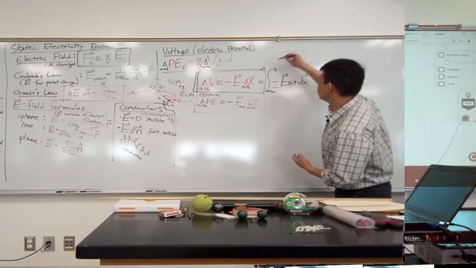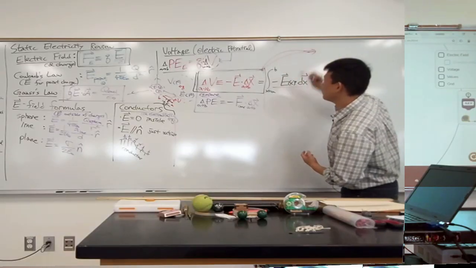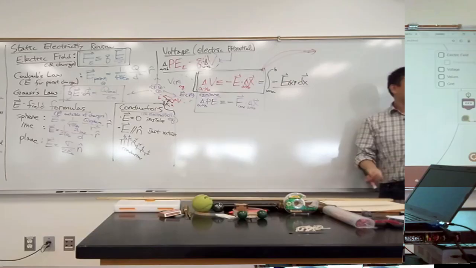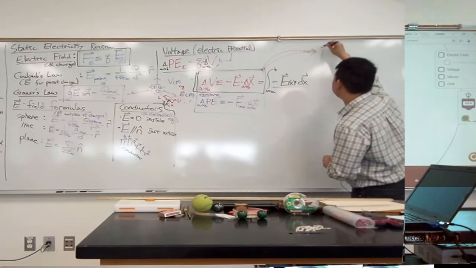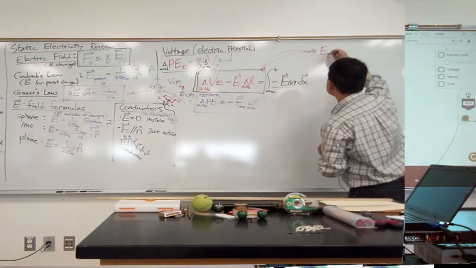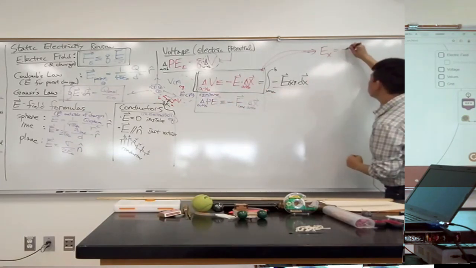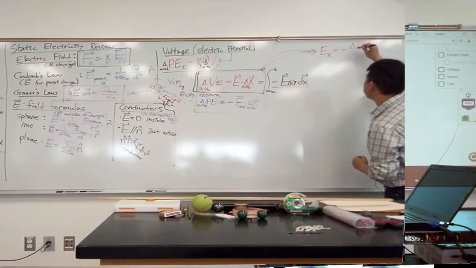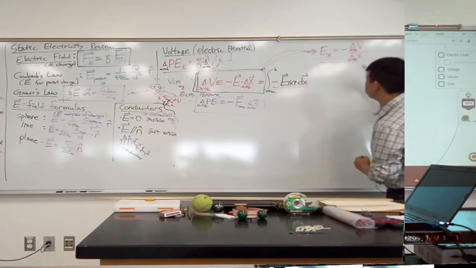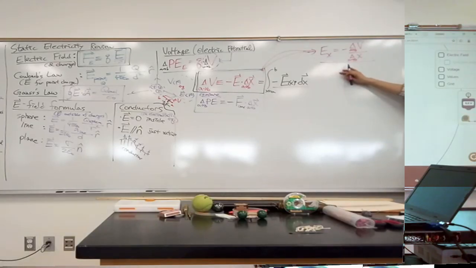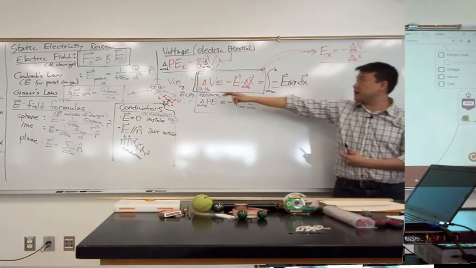I'm solving for the electric field magnitude, so my electric field along the direction x is, move this over there, multiply by minus, so it's minus change in voltage as you go from A to B over change in distance as you go from A to B. Does this sound reasonable? Or you go back the other way. Assuming this is the electric field component along x, you take that product with this, you should get this back, right?